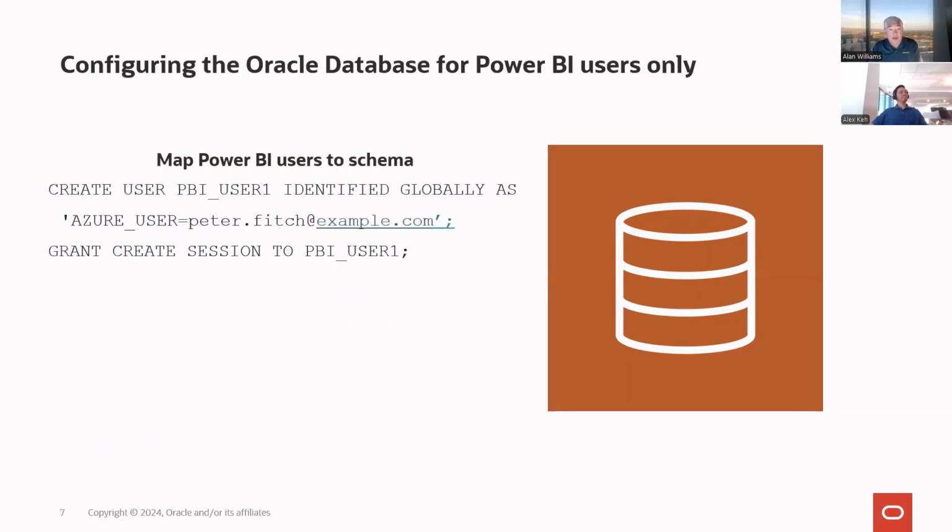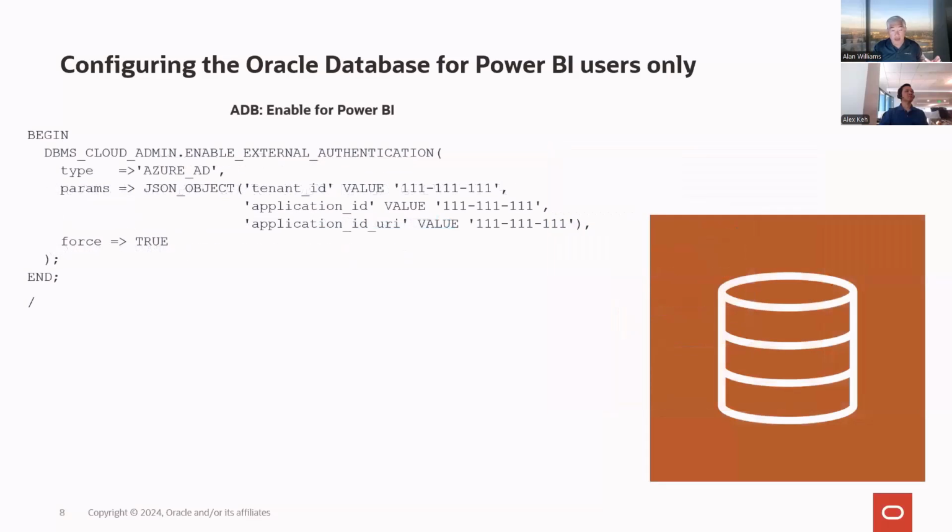Then you've got to map the Power BI users, such as Peter Fitch as a user, and you create a user or schema, PBI user 1, and it's identified globally. And then you need to grant privileges and set roles to that user. And that's it. Now for this demo, I'm using ADB-Serverless, and so what they do is they simplified it.